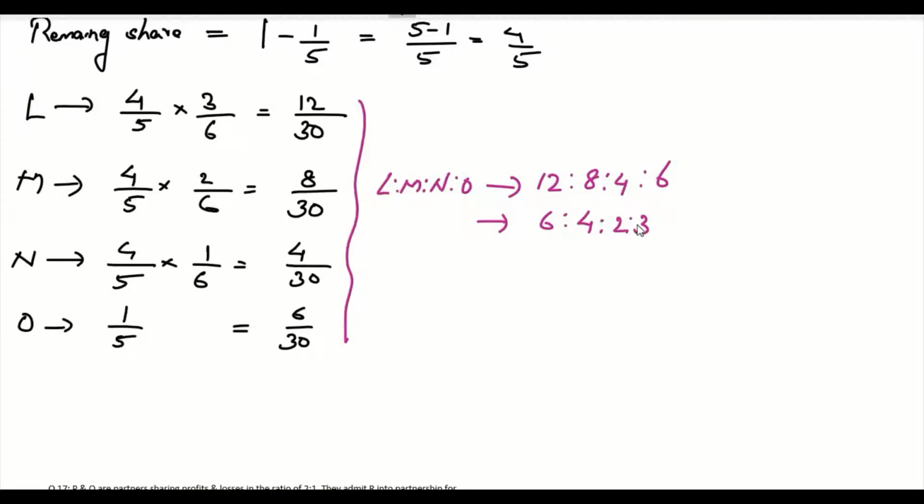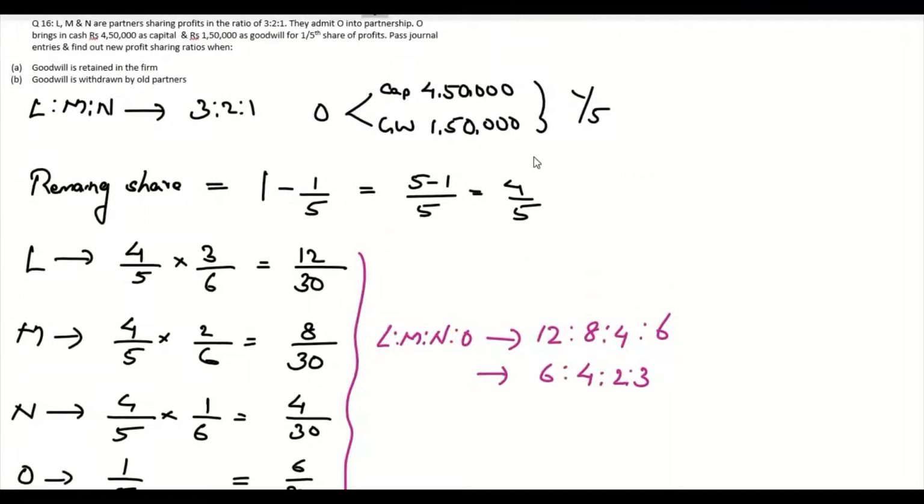Now we are also required to pass journal entries for this. So the first journal entry is that Mr. O has brought in cash rupees 4,50,000 as his capital and 1,50,000 as his goodwill.